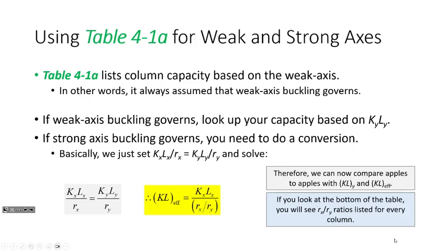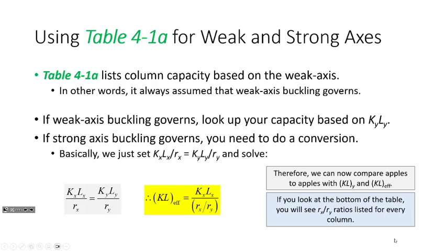And if we want to check the strong axis, we multiply both sides by Ry, and so we get Kx Lx times Ry over Rx equals this. Or if you multiply by this fraction, it means you're dividing by its reciprocal. And we call that a KL effective.